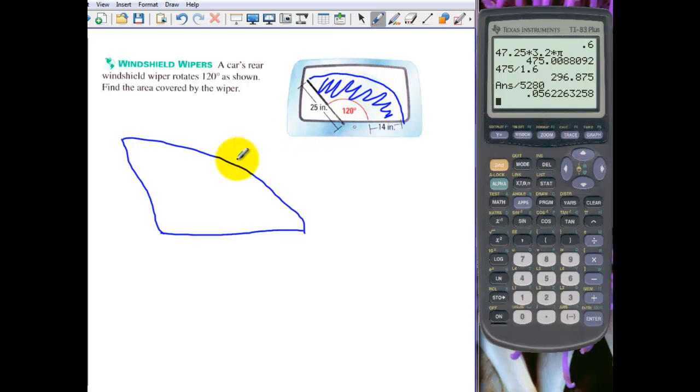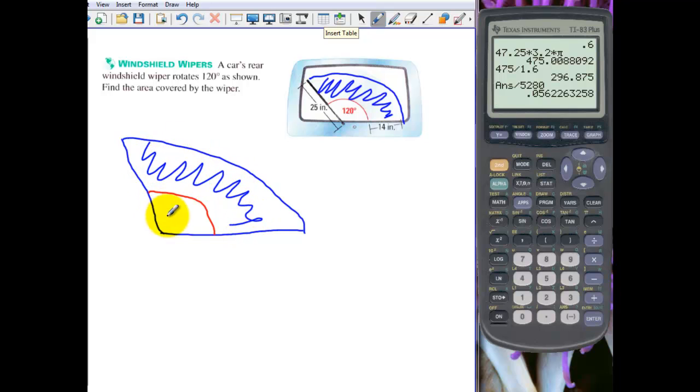But we have to cut out the area not covered by the wiper, because the wiper doesn't come all the way down to the center. So we want only the shaded piece.